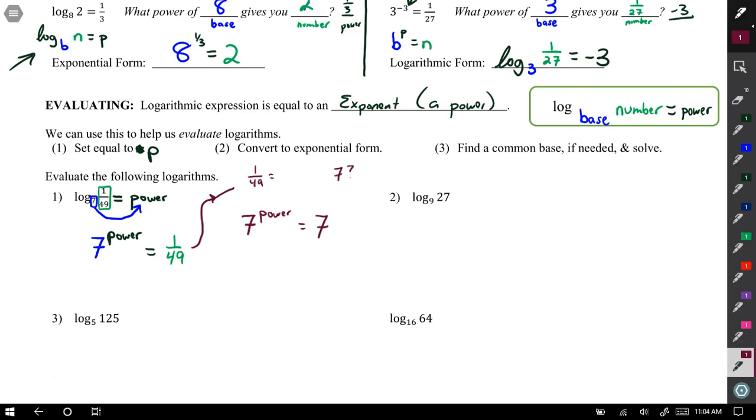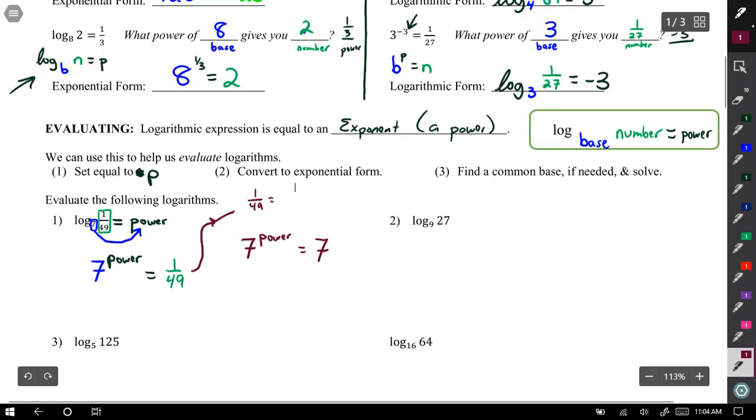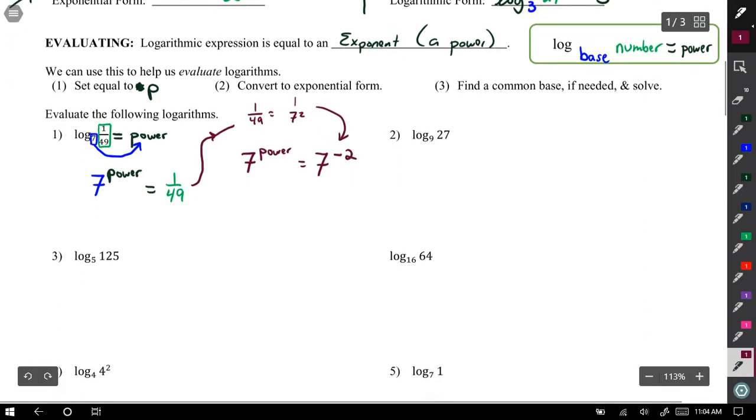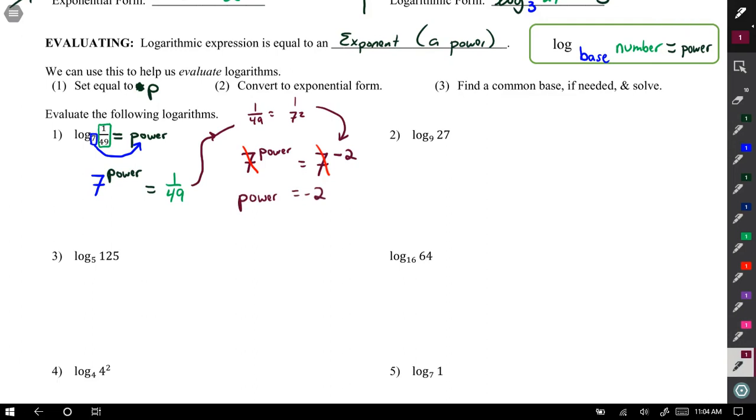If it's a fraction, think of it as 1 over 7 squared. And remember, a fraction is a negative exponent. Once I create that common base, I can do the same thing we did before, which was cross out the bases, and I get my power equals -2. That's it. It's applying all the stuff we've previously done in Chapter 8 together.